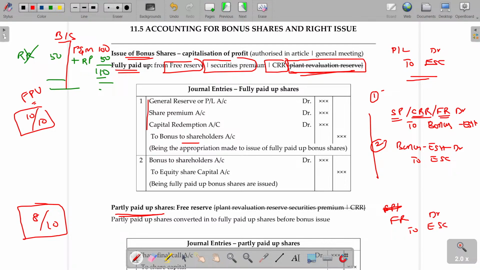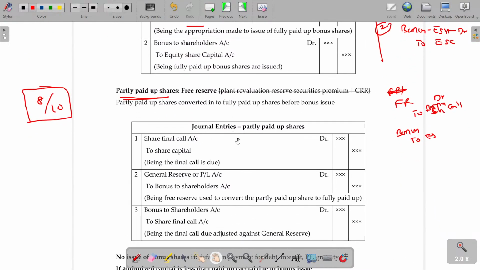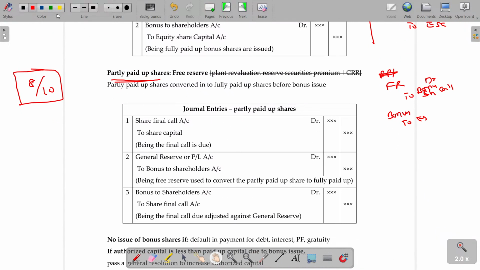And you can give it in detail. Bonus for the share call account, like this it is named. Then this bonus will be debited to equity share capital. Or you can pass it routed through bonus, meaning call money.